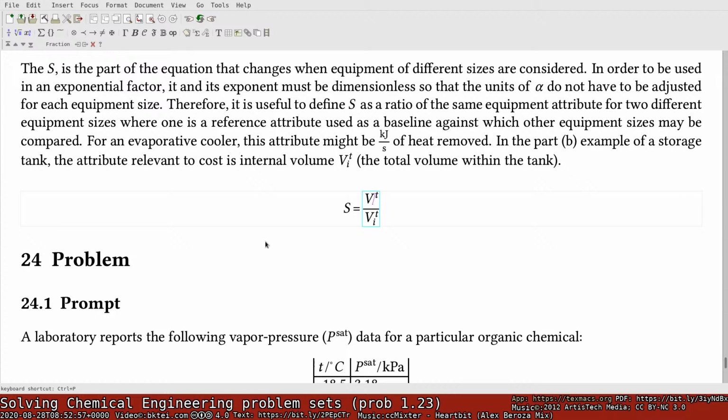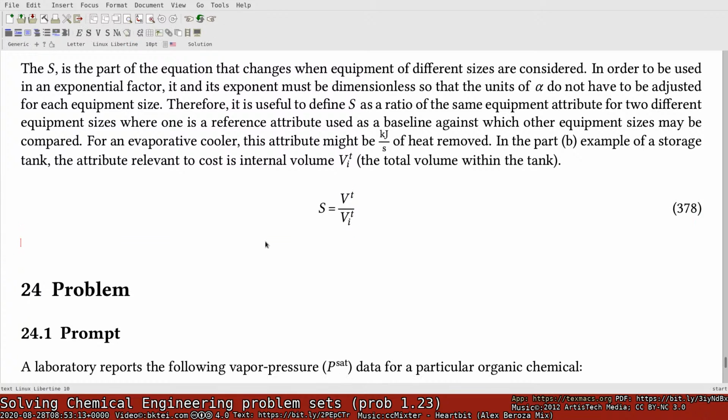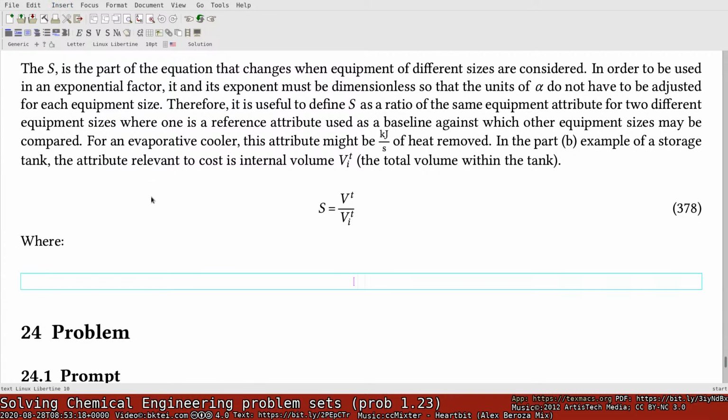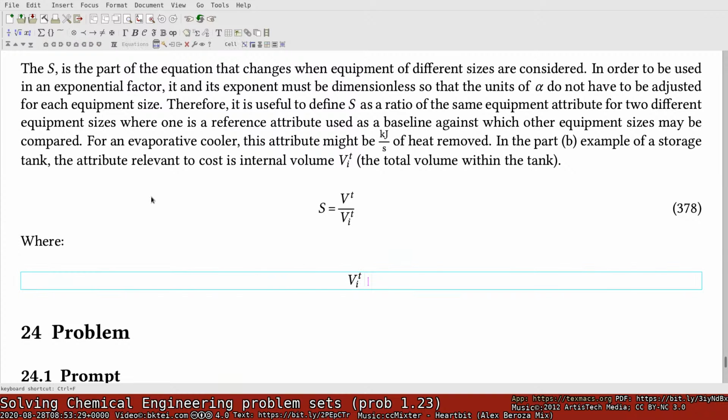So this will be some reference volume, and this will be some variable. Then let's go ahead and define this. Definition for S, or V of T. Let's do the one that's already given, V of T sub I.